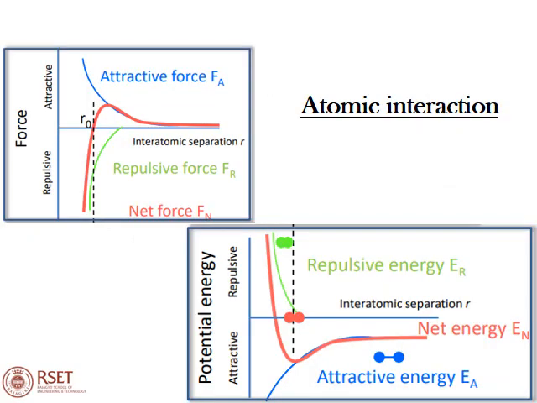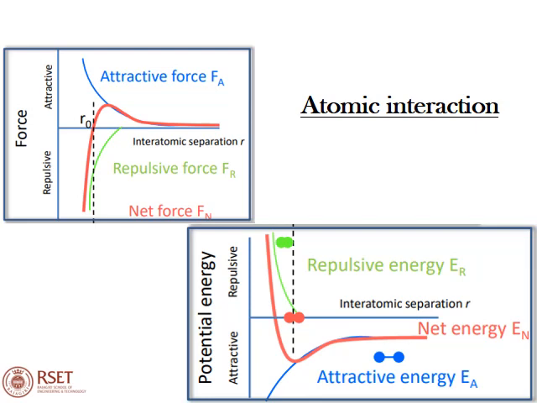Now consider atomic interaction between two atoms on the basis of their poles. If you consider two atoms separated by a distance, the nucleus has a positive charge and the electrons have a negative charge.